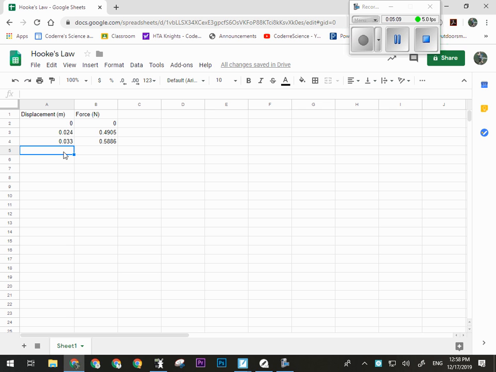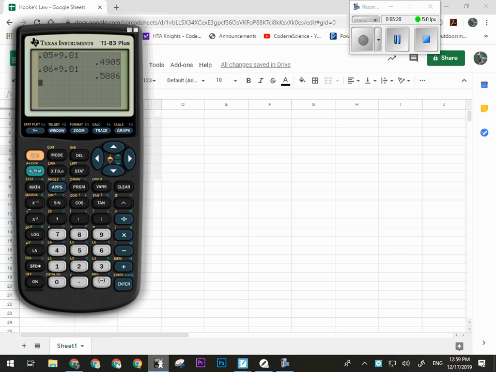So now our length is 0.039, and our force on there is going to be 0.6867 newtons.